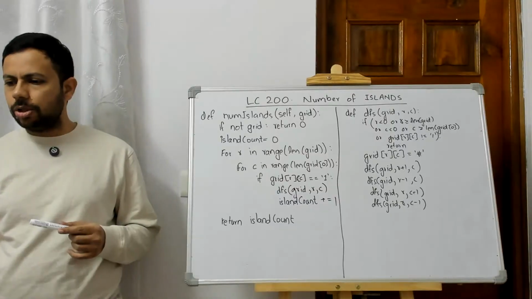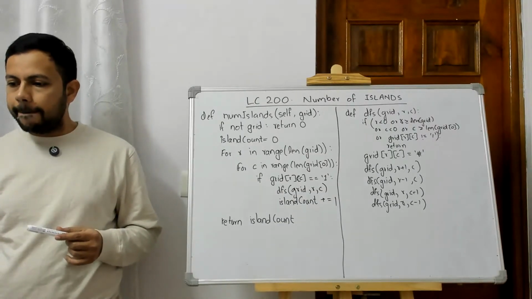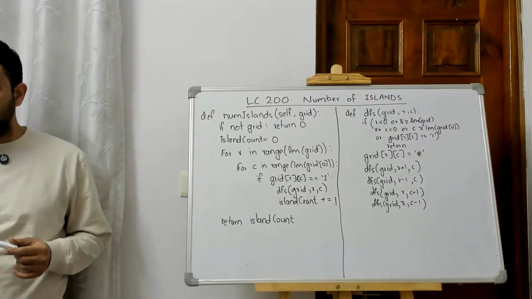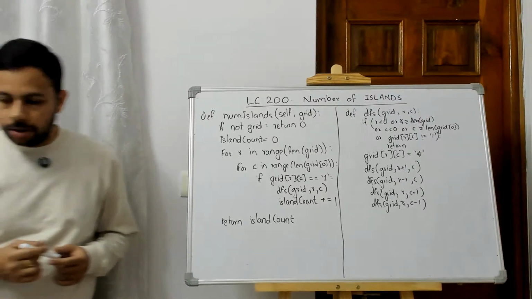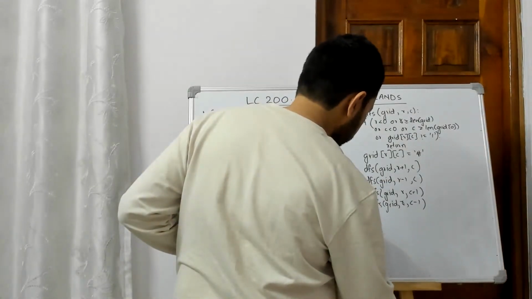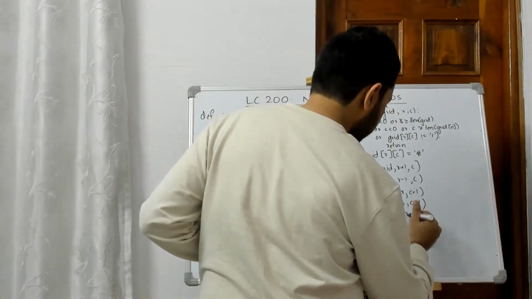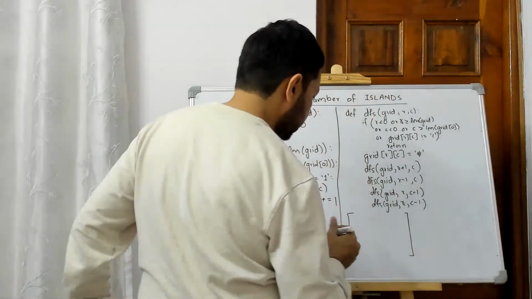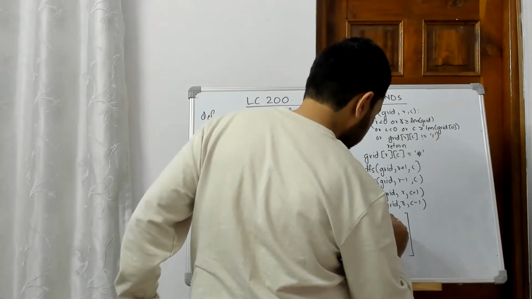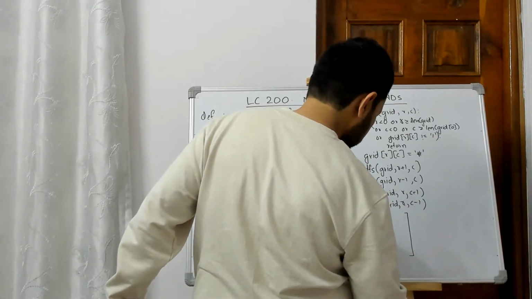Let's do a short dry run on this, because without a dry run, it is hard to follow. I'll do a dry run for this code on a small graph. So you have this, and let's say this is 1, 1, 1.